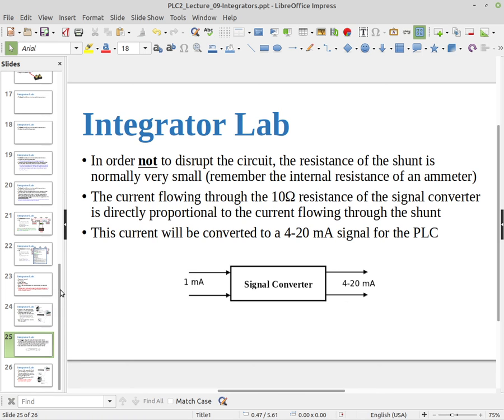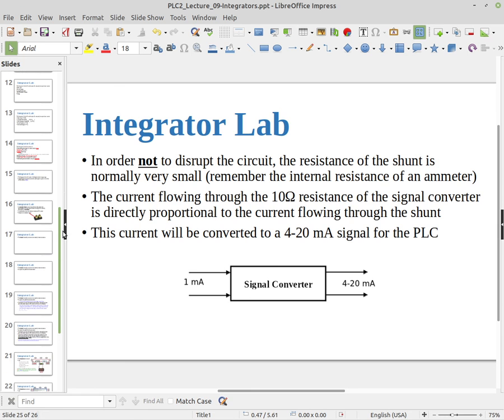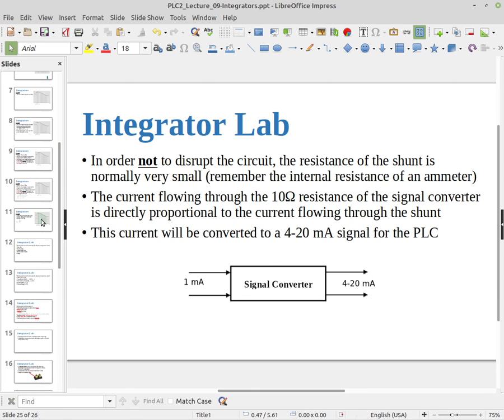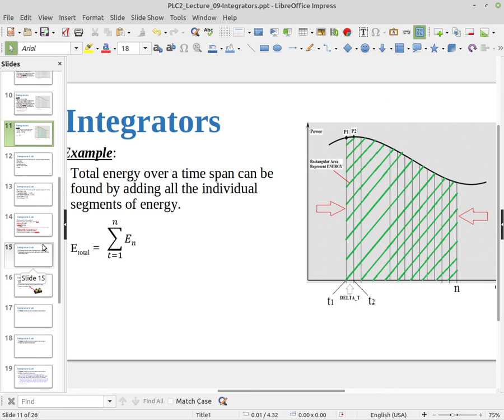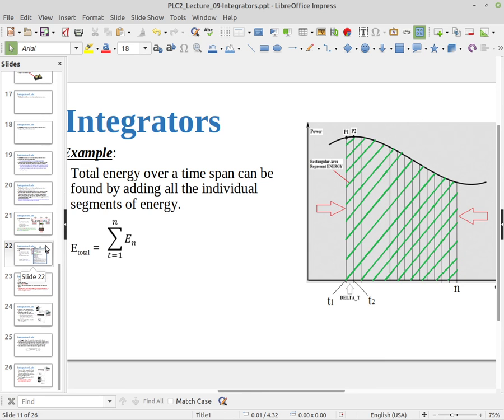And what we're going to do, again, is simply add up the area under the curve here. We're going to calculate the area of each one of these little trapezoids and add those up until we have the total energy being used, which is effectively what the electric company does, so that they can bill us on how much energy they've used.